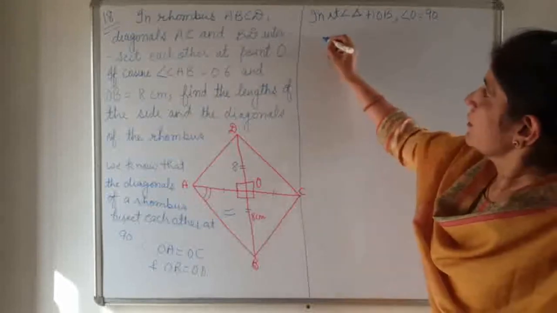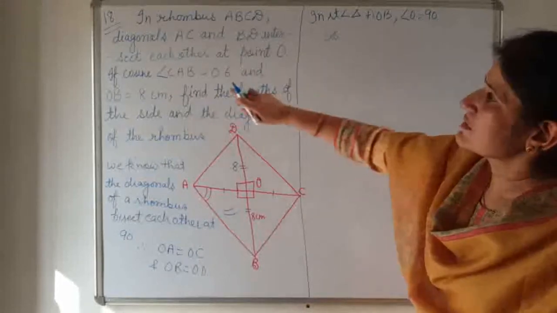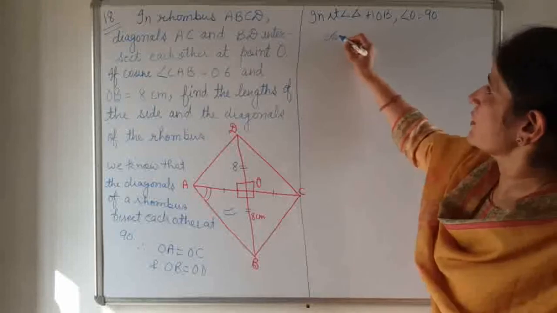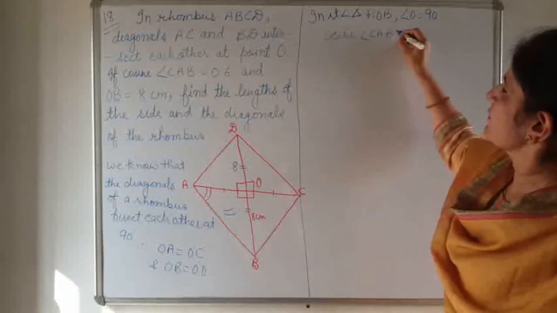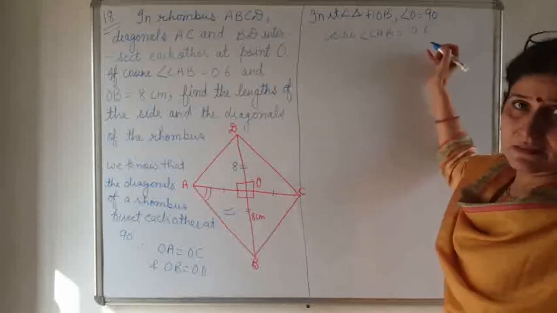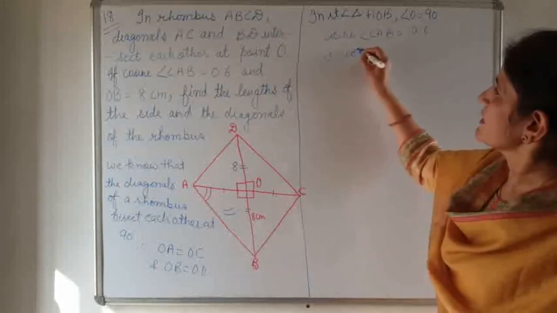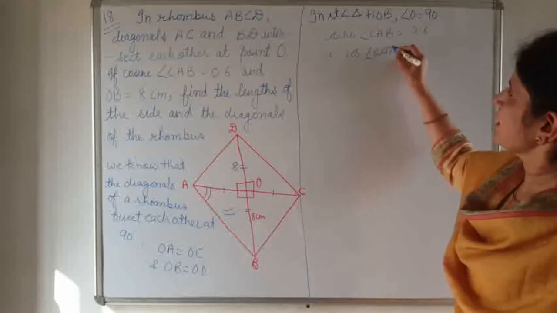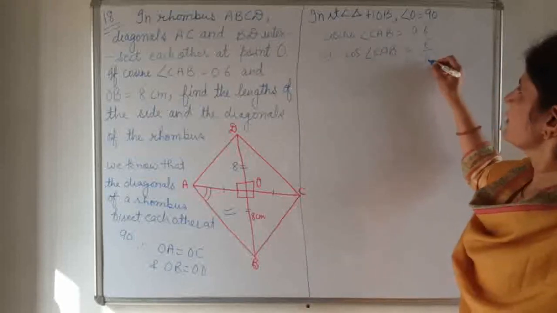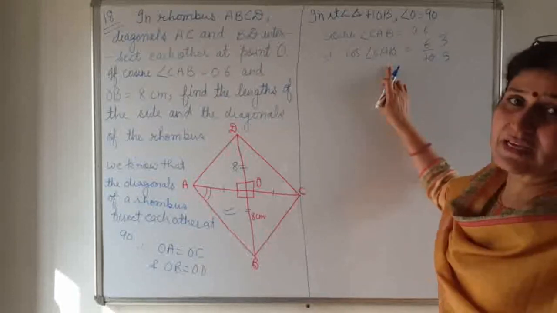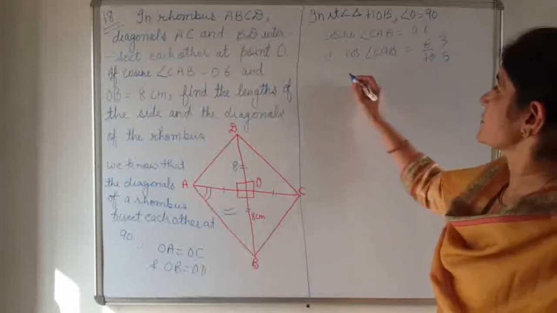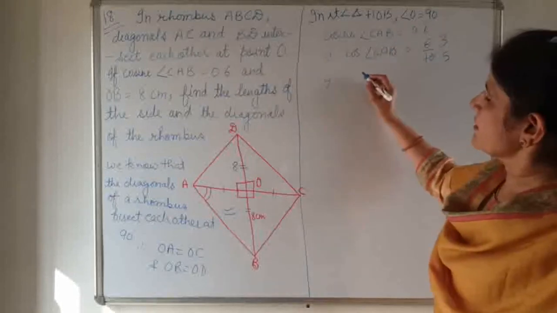So cosine means cos, or you can write cosine. Angle CAB is given 0.6. Means cos angle CAB is given 6 over 10, 3 upon 5. Now cos is ratio of which two sides? Base and hypotenuse. In this triangle, what is base?